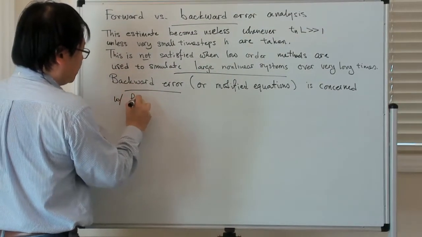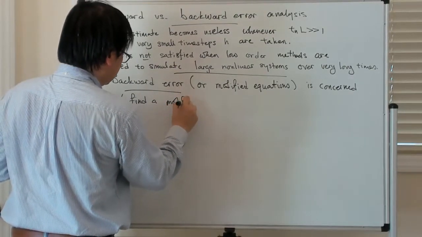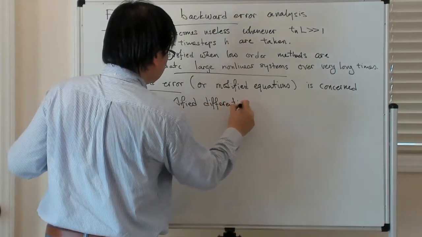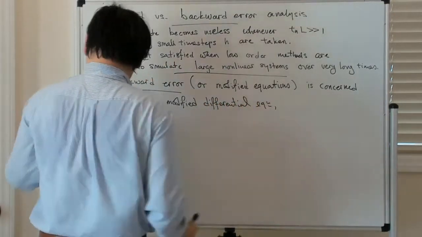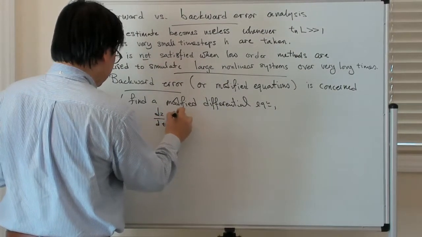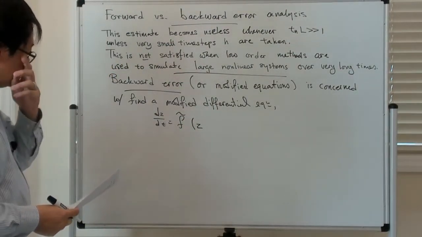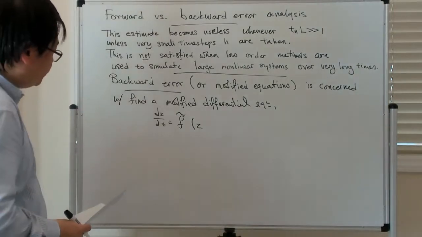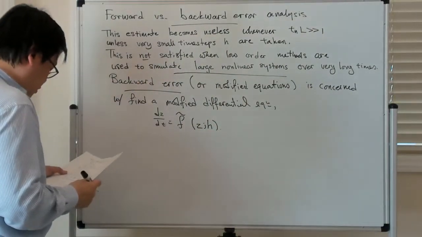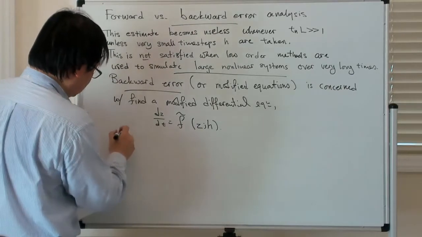You're concerned with finding a modified equation, let's say dz/dt is equal to f tilde of z. And now this modified equation is going to typically be an asymptotic series in h. Okay, so there's an h dependence now. So you have this modified equation which depends on the step size h.